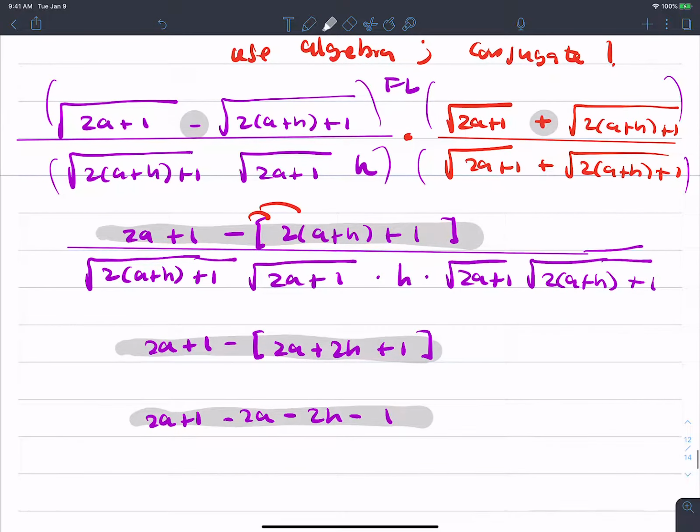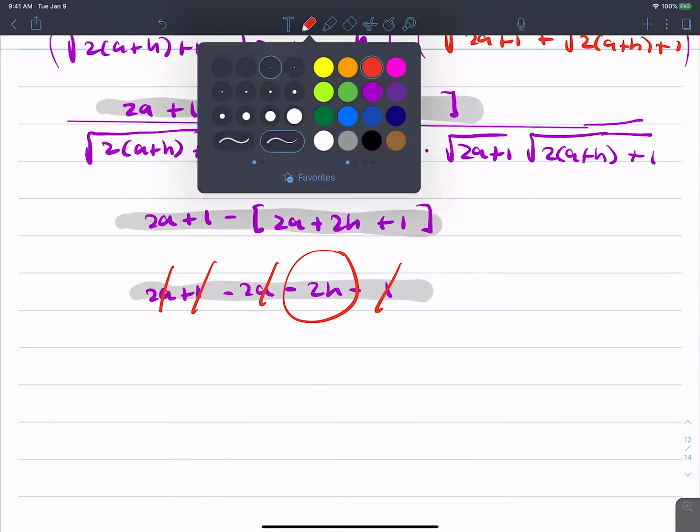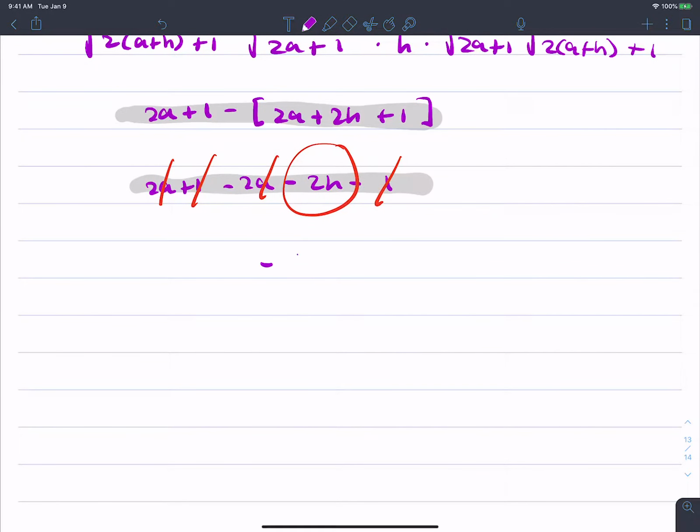Let's double check. Okay, yeah, that's the numerator. And then we're going to see what cancels: 2a minus 2a, 1 minus 1. We just have that minus 2h left. All right, that's the numerator. So we have minus 2h.